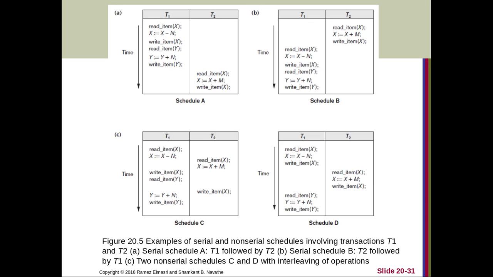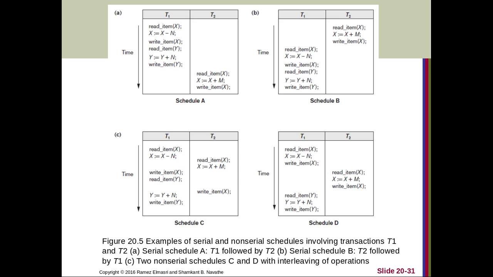In T1 you have a read item X and in T2 you have a write item X. Then you should have an arrow from T1 to T2.